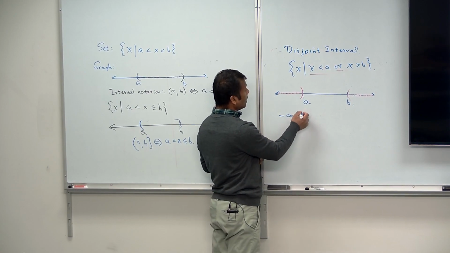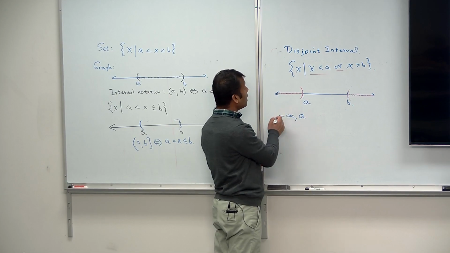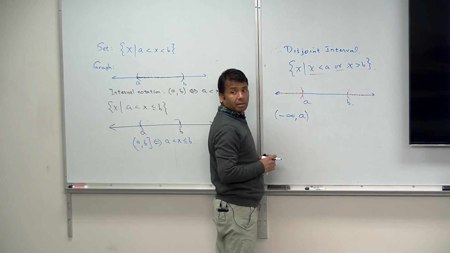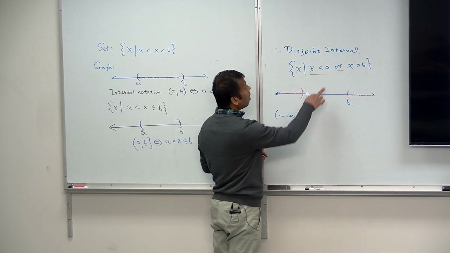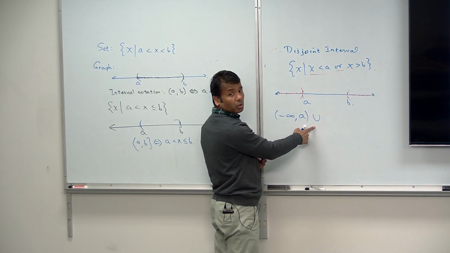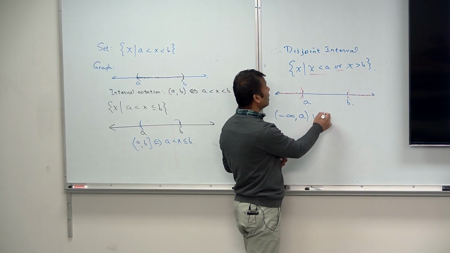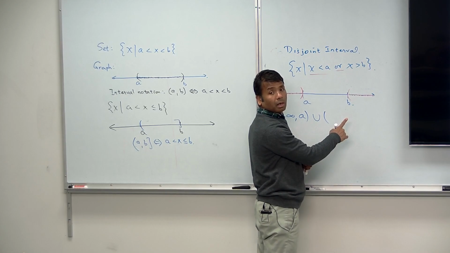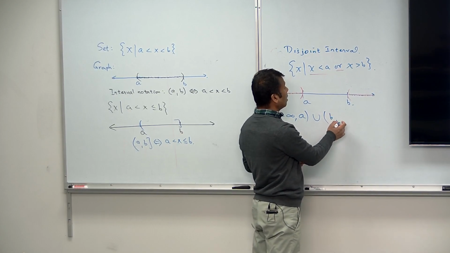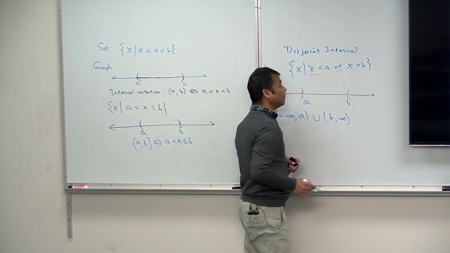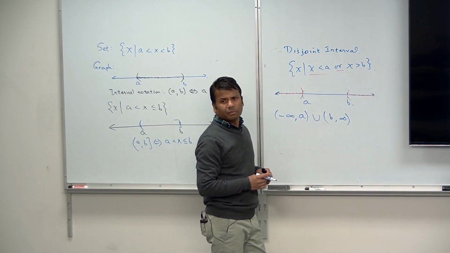All the way up to what? a, but a is not included, so you put the parenthesis. Are you with me? And this or means what? Union, right? And then what will be here? Exactly, b comma infinity. Make sense?